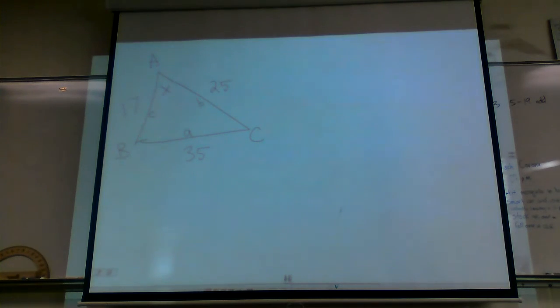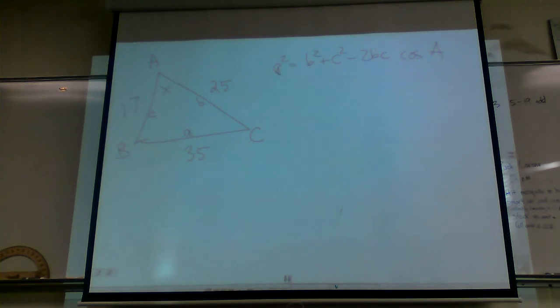Alright, so I'm still going to pick this the same way I did the last one. Which as I'm trying to find my x, where I put it, is with angle A. So I need to pick the law of cosines formula out that had cosine of A in it, which was basically the one I just used. So, c squared equals a squared plus b squared minus 2ab cosine of A. The only thing is when I plug my numbers in here, this cosine of A is going to be the thing that doesn't change, right?